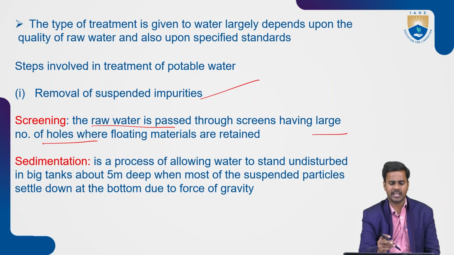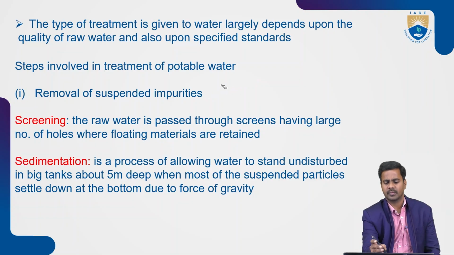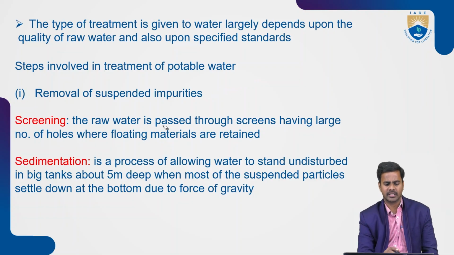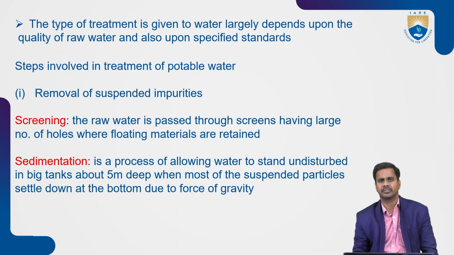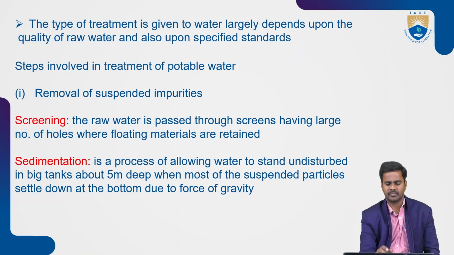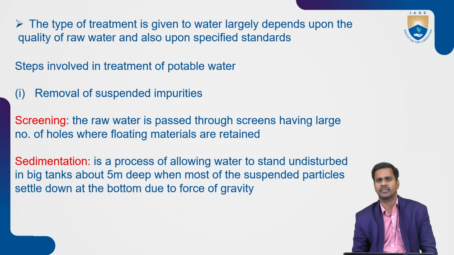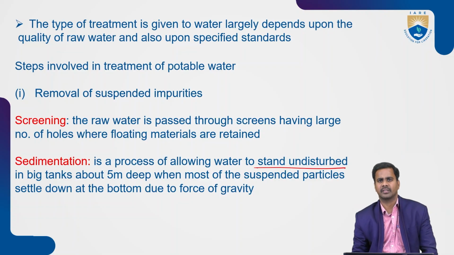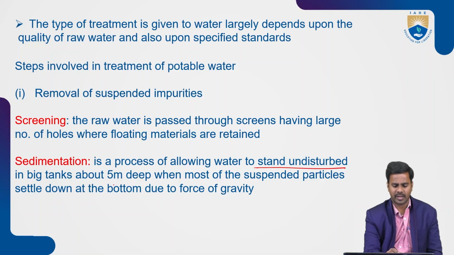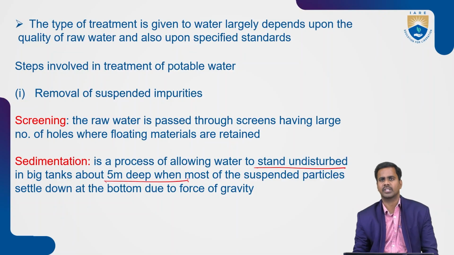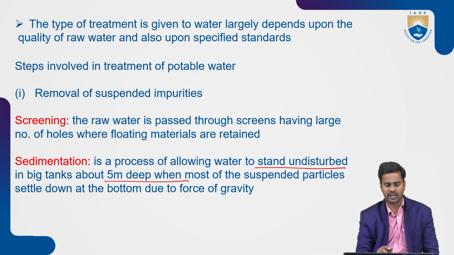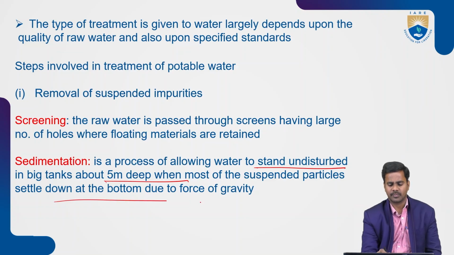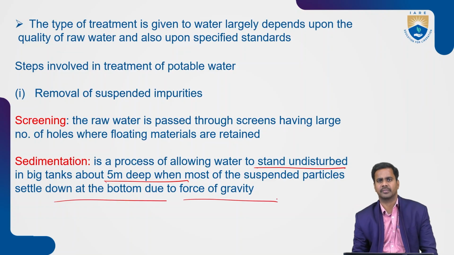After screening, the water passes to the sedimentation tank. In this process, the water stands undisturbed in big tanks about 5 meters deep, where most of the suspended particles settle down at the bottom due to gravitational force.